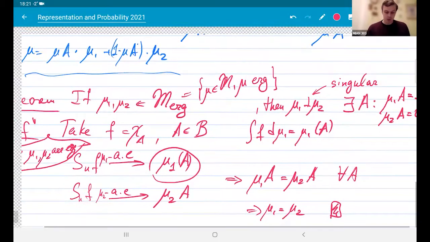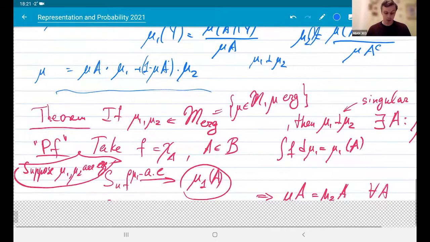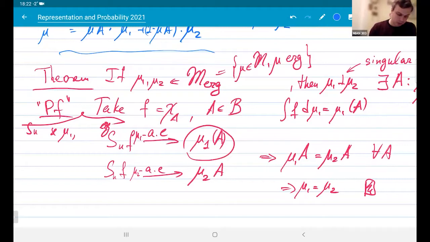For example, this is true here. Here you have that mu1 is mutually singular with respect to mu2, because one lives on A and the other on A's complement. And the proof is the following.